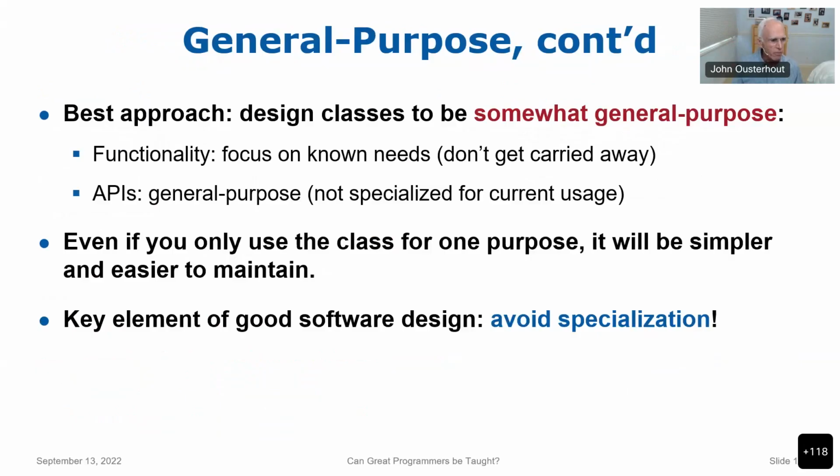But the idea is, when it comes to the functionality of the class, focus on what you need today. Build the functions that you need today. But when it comes to the APIs, what the interfaces look like, design the interfaces to be general purpose, so they're not specialized for how you're going to use things today.